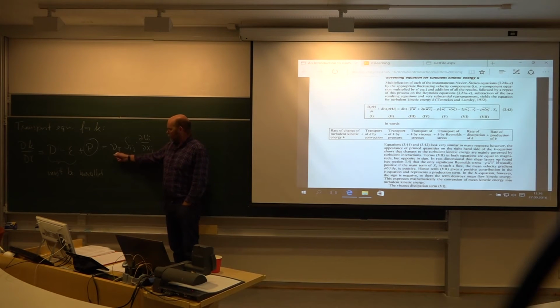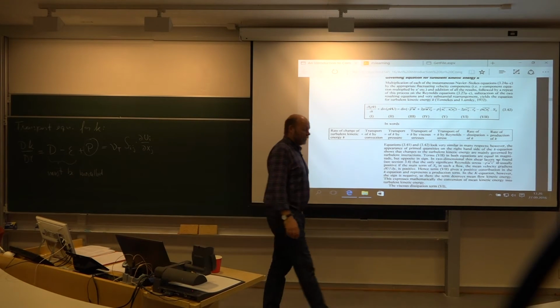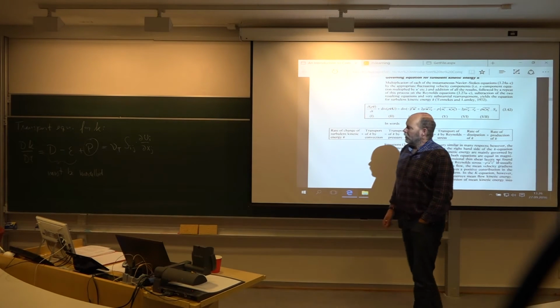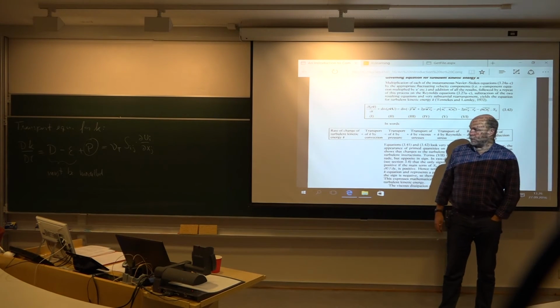This one was unknown already. So that's one way to construct a transport equation. How to model this one? That's a heavy job, and that one we have to find depending on what kind of turbulence models we will use.